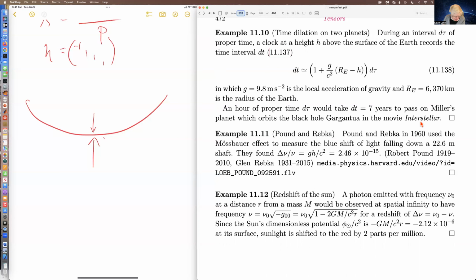And the reason it's so good is that I think it was Kip Thorne, the Nobel laureate Kip Thorne, who advised the director. And fortunately, the director took Kip Thorne's advice for everything except travel through the wormhole.